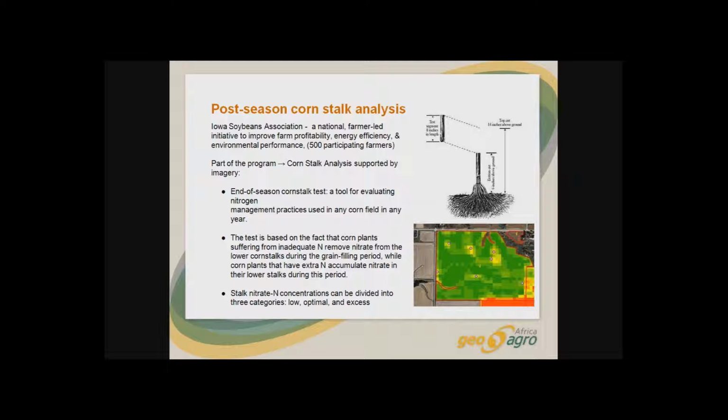But this is much more efficient if you use imagery to support it. So they're going to see if there's a correlation between low or higher biomass and the cornstalk test. Then they have a low, optimal, and excess map of nitrogen use.